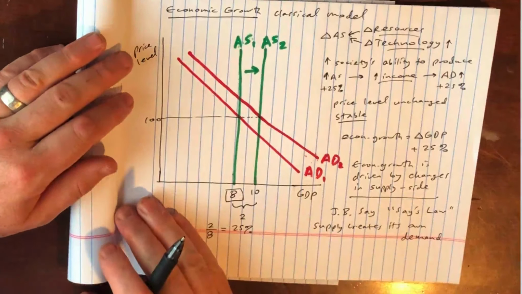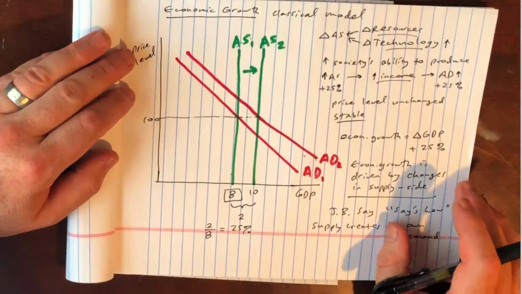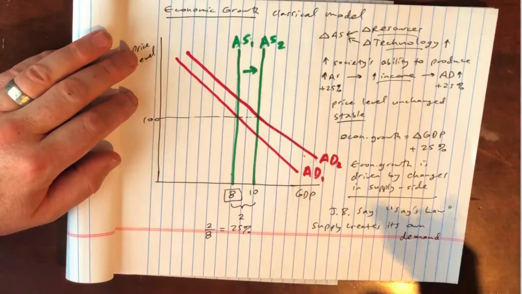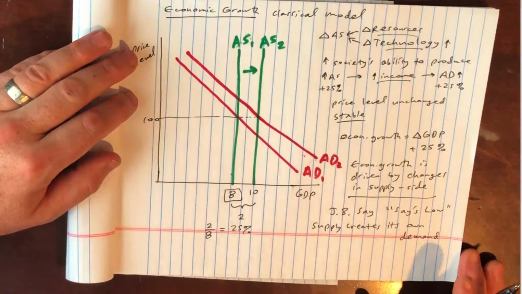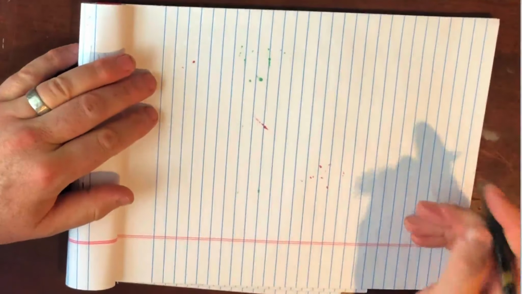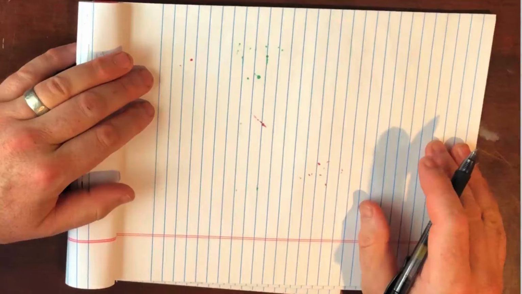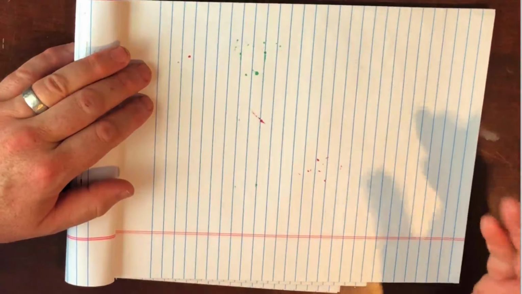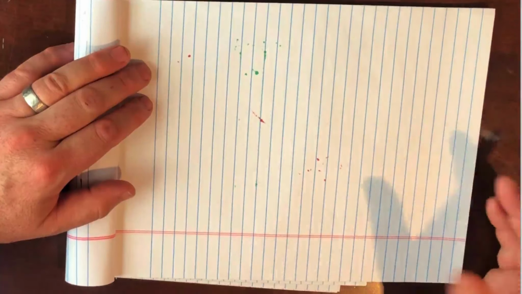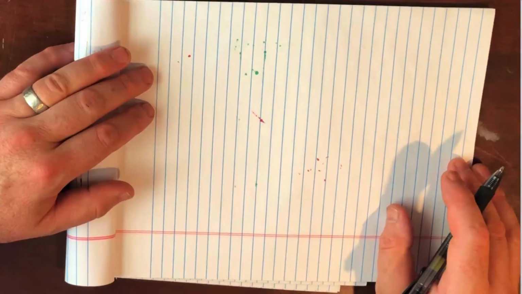All right, so now here's the problem with all this, right? It's called classical economics because it's the older form of economics, older school of economic thought. So the problem is, how does this relate to what's happening with the 1929 crash and the Great Depression of the 1930s, okay?